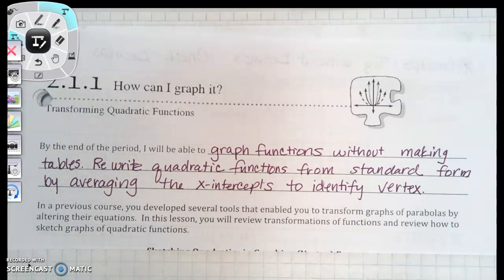In previous courses, you developed several tools that enabled you to transform graphs of parabolas by altering their equations. In this lesson, you will review transformations of functions and review how to sketch graphs of quadratic functions.